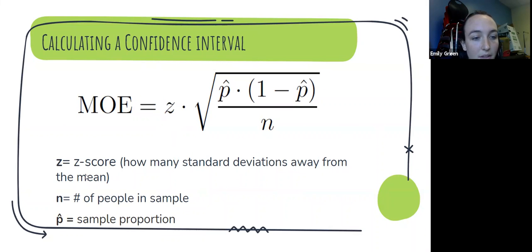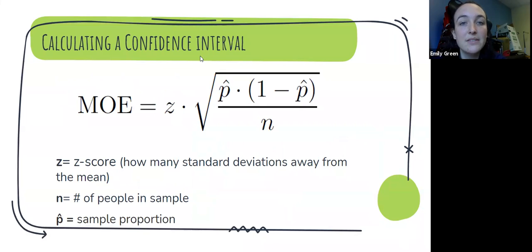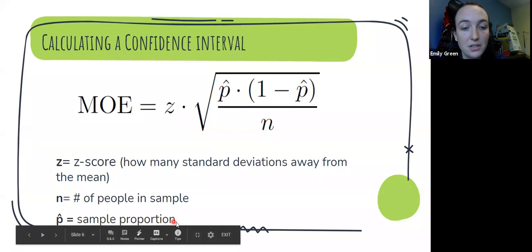So these are the 3 parts that go into this equation. We have the z-score, which I already talked about. And then we have n, which is the number of people or individuals in the sample. So we are always going to be dividing by whatever the sample size is. And then we have the sample proportion.